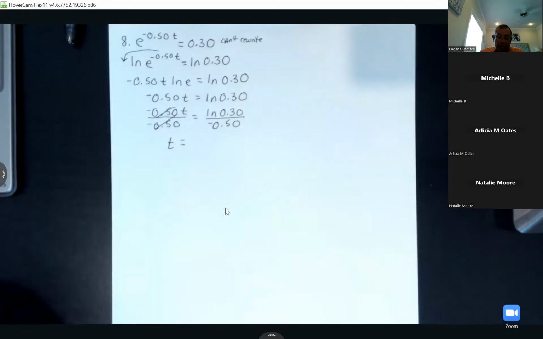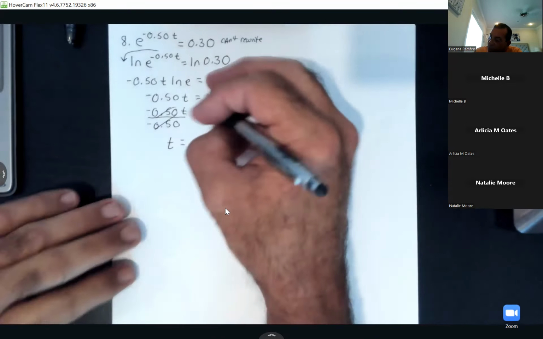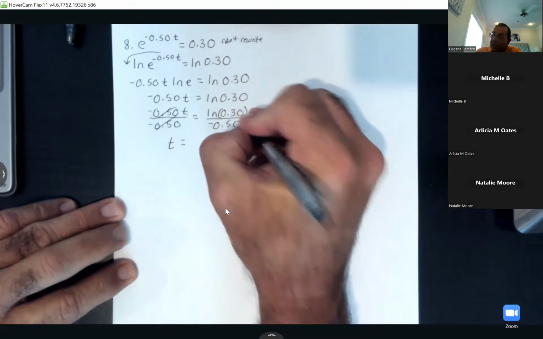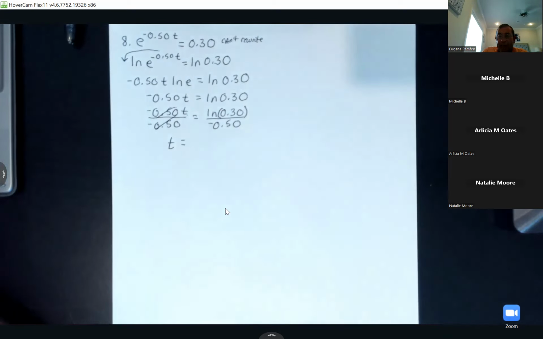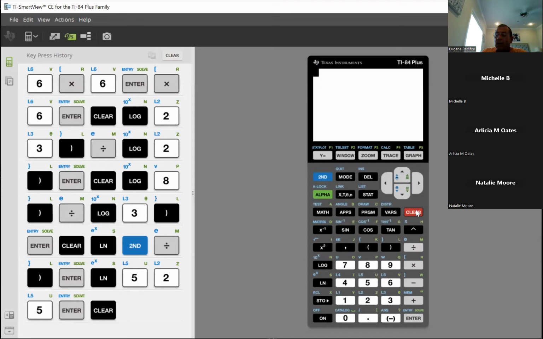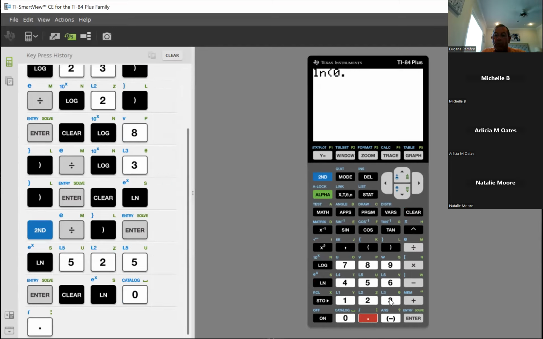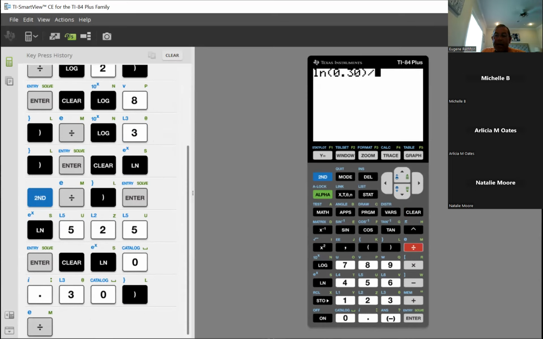So now on this one, I'm going to punch that in. Remember, I'm going to put my parentheses around that 0.30, okay? So let's go punch that one in. So we got our ln, and that was 0.30. Close our parentheses, divided by a negative 0.50.